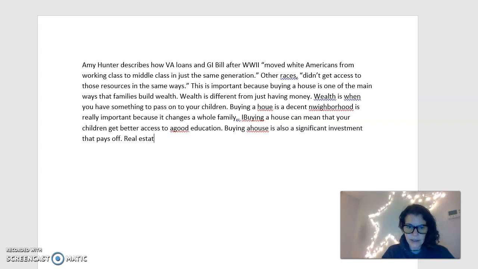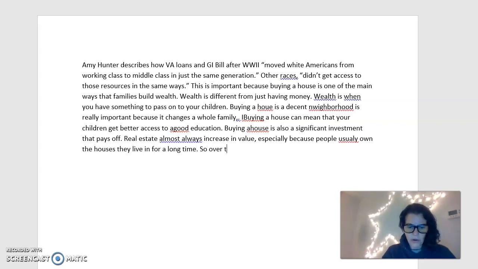Real estate almost always increases in value, especially because people usually own the houses they lived in for a long time. So over that time, the value of the house increases. Instead of paying, right?